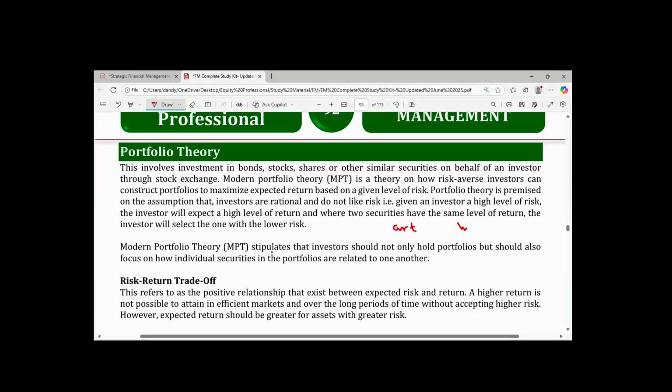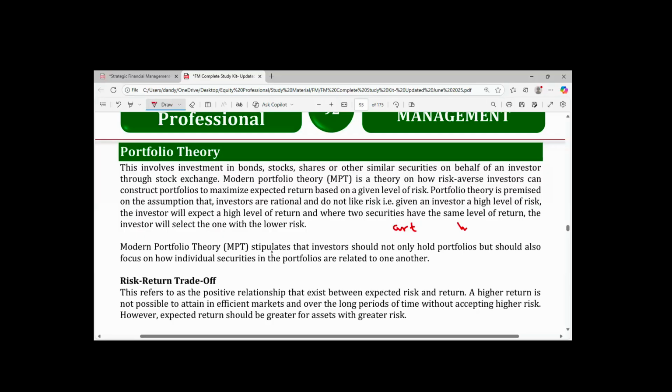So you need to know, all right? I said that modern portfolio theory is a theory that is based on how a risk-averse investor can construct a portfolio in order to maximize, okay, expected return at a given level of risk.